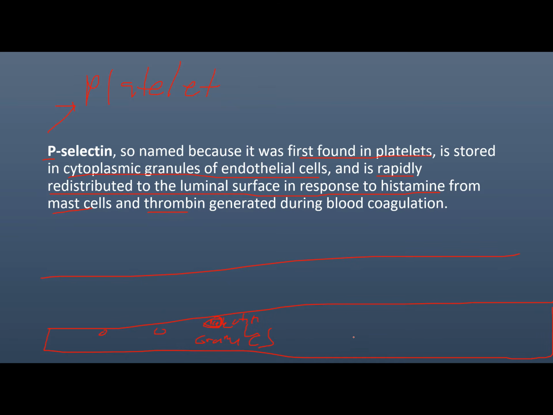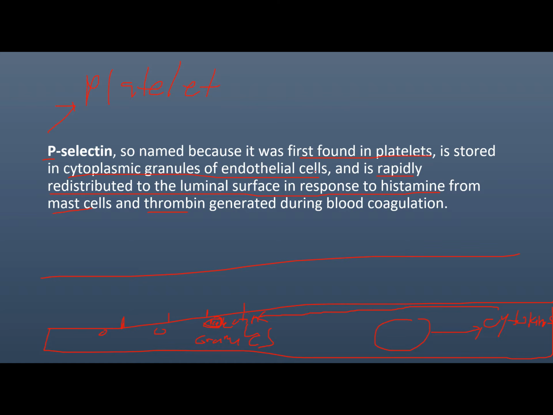Now, whenever, let's say, this would be your macrophage class, let's say, would release cytokines. Once it releases cytokines class, these are the messengers, it would cause your P-selectin to be released, causing its ligands to appear on the surface of the endothelial wall.